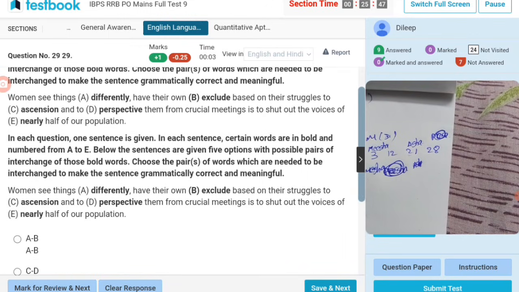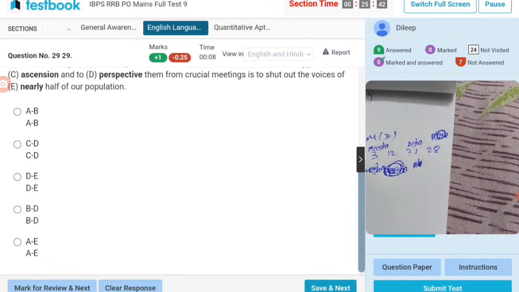Women see things differently, have their own perspective. So PD.